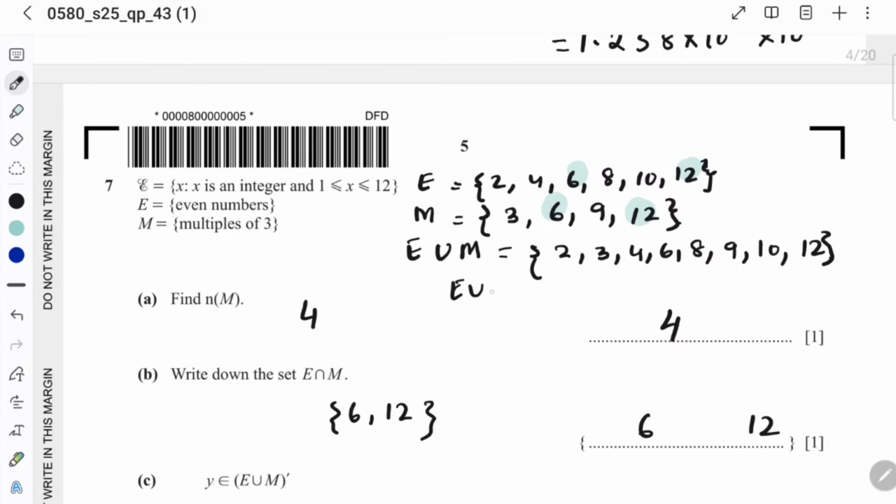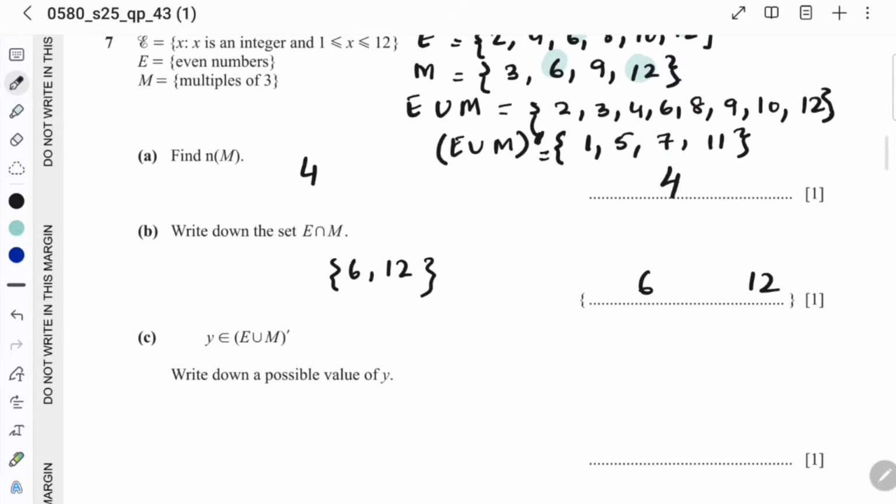E union M complement means taking the universal set 1 to 12 and finding the numbers that are not in E union M. We have 2, 3, 4, 6, 8, 9, 10, 12, but 1 is not there, 5 is not there, 7 is not there, 11 is not there.